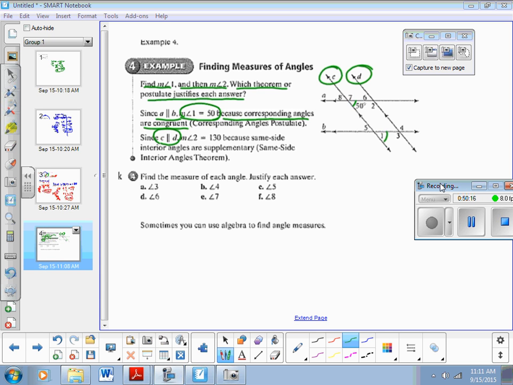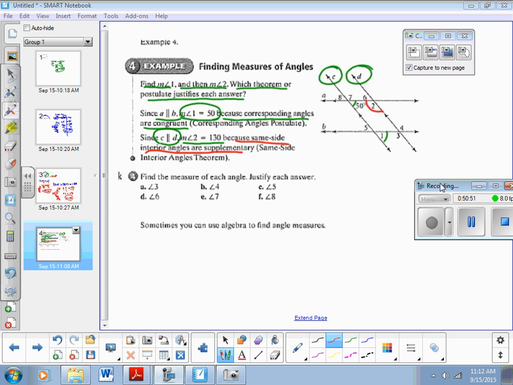So if C and D are parallel, angle 2 measures 130. So everybody look for angle 2. Now do you notice in the picture they only gave us one angle, and that was this one right here, which measured 50? It says angle 2 measures 130 because same side interior angles are supplementary. Is this right? That angle 50 and angle 2 are on the same side and they're interiors?